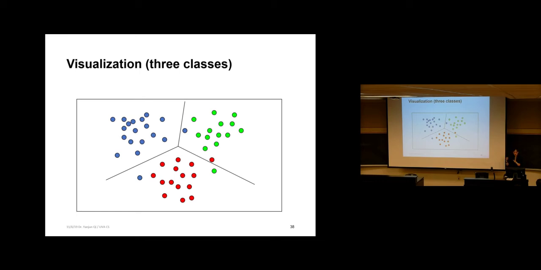So when I'm assuming sigma 1 equals sigma 2 until sigma k, it essentially means a linear classifier. It's a linear decision boundary you're learning.